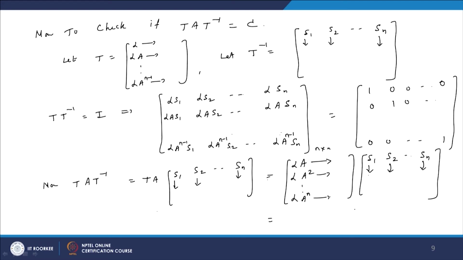So, it can be easily seen that the first row into the first column, that is alpha A into S1, that is the first element, okay, that is here, alpha A S1 is 0. So, what we observe here is the first row whatever we calculate, that will come out to be the second row of the identity element.